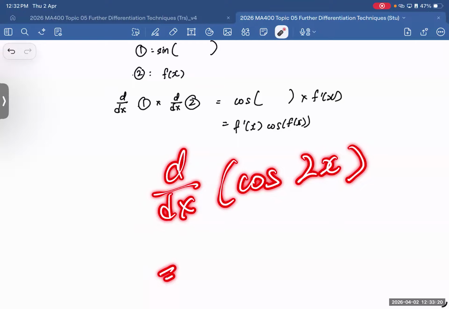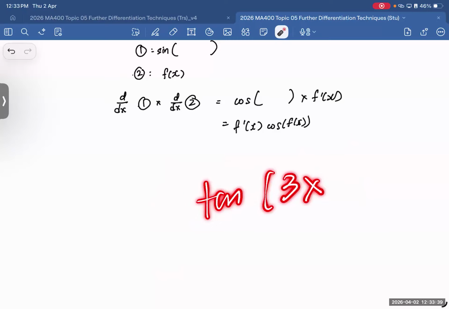Differentiate tangent 3x. Three. Very good. Salihan, differentiate cosine 7x.